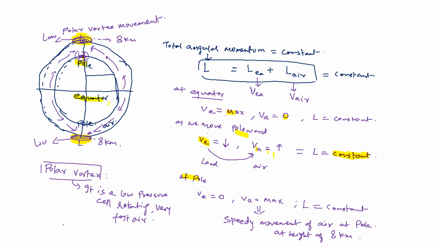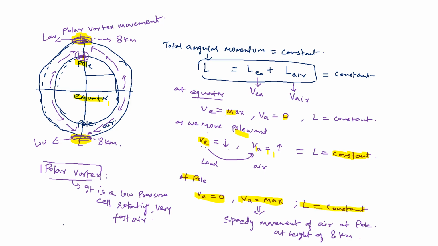So at the poles, what happens? At the poles, the land velocity, the earth's rotational velocity, is zero, but the entire momentum is transferred to the air. So the air velocity attains the maximum, keeping the angular momentum constant.